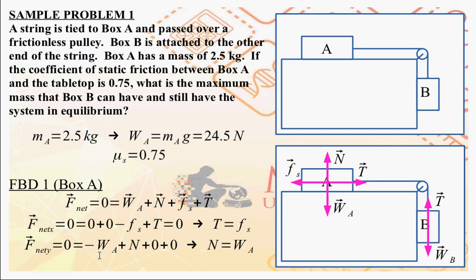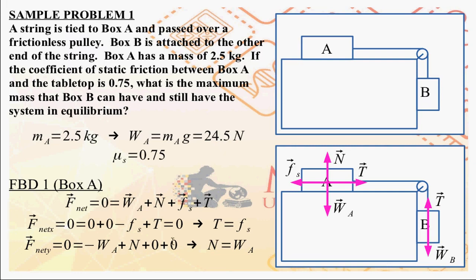So you have negative weight A. Normal force is also vertical, all of it is in the y component, heading in the positive direction, so plus N. Friction and tension are horizontal, no y component. Y component analysis tells us that the normal force magnitude is just equal to the weight A magnitude. And we know weight A to be 24.5 newtons. So that's it for free body diagram 1.